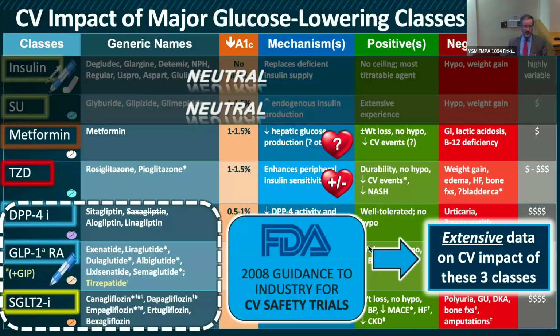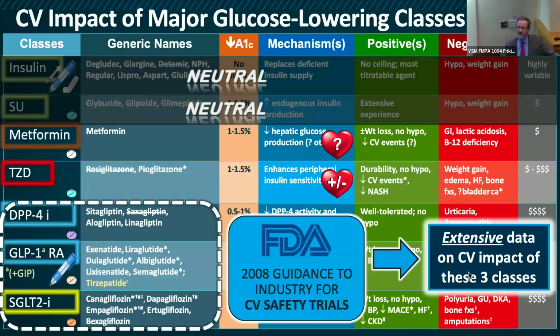They had already given up on cardiovascular efficacy because everything had failed before, but they just wanted to be sure that we weren't going to increase cardiovascular events. And that led to this cottage industry of dozens of clinical trials as new therapeutics were coming to market.